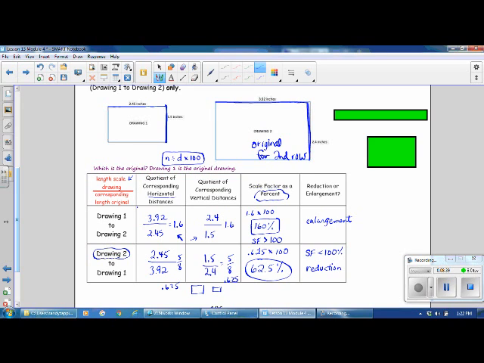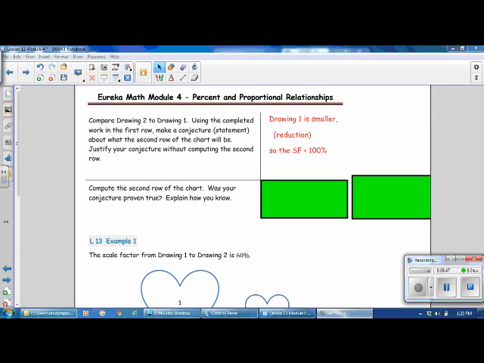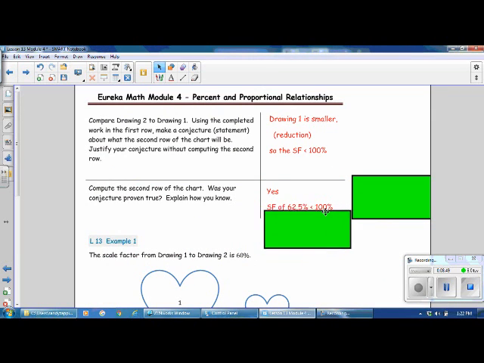So when we went from drawing 2 to drawing 1, that was a reduction. So we've completed the second row, and was your conjecture true? And yes, our scale factor was 62.5%, which is less than 100%, so it was a reduction.